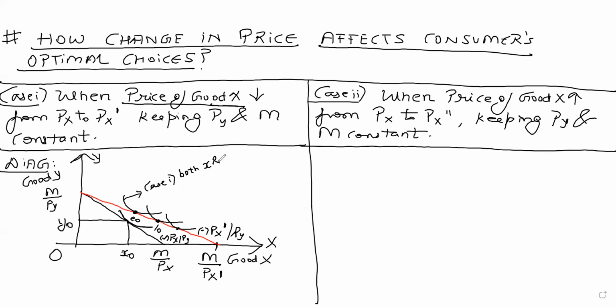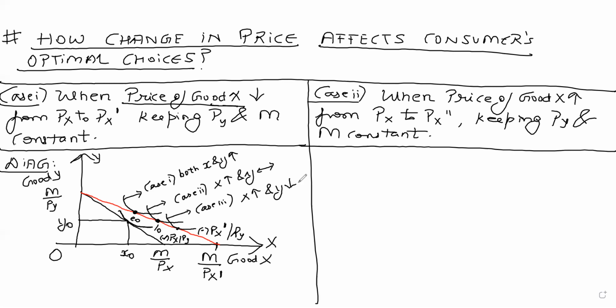This is case 2 when good X is rising and good Y remains unchanged. You can see at this particular point, good Y is the same. And this third one is case 3 when good X is rising but good Y is falling.